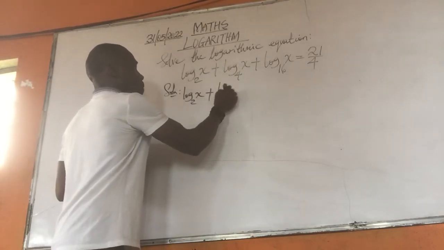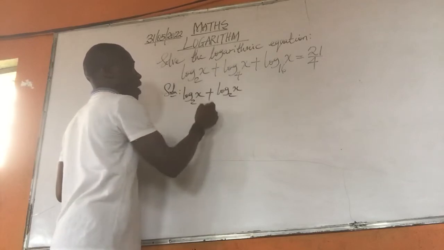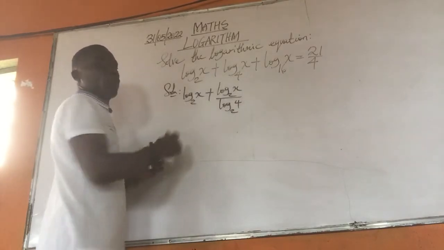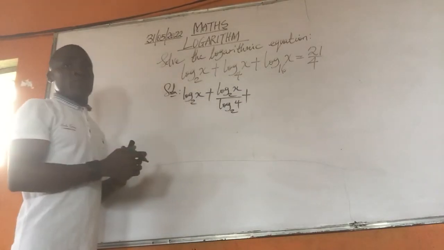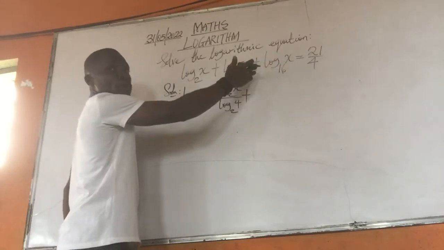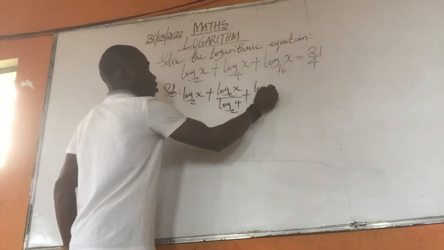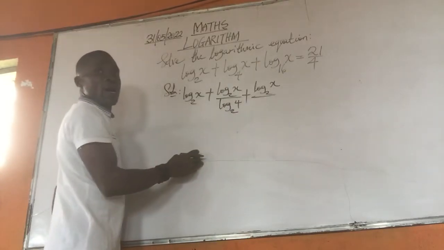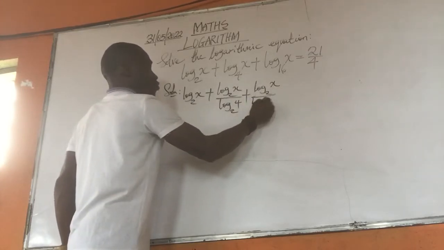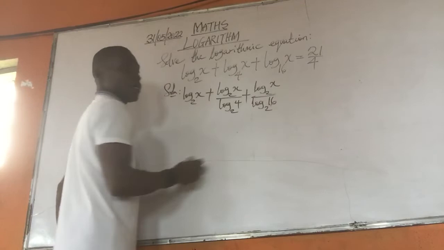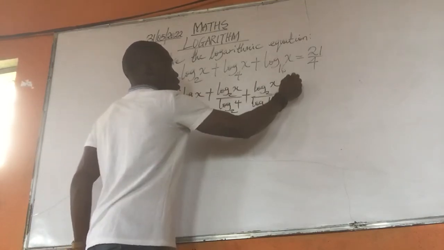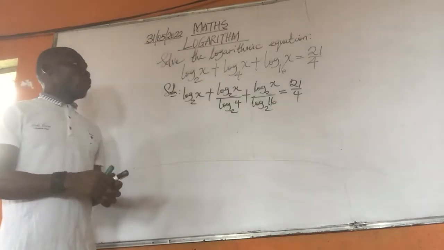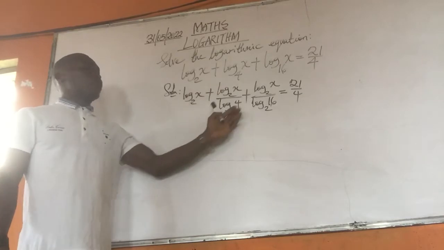That will be log base 2 of x, this x, over log base 2 of 4, plus, then reduction of this to base 2 will give us log base 2 of x over log base 2 of 16, equal to 21 over 4. So this is the reduction of base 4 and base 16 to base 2.